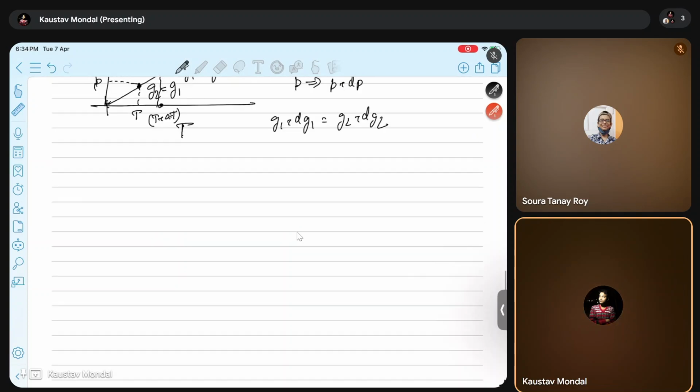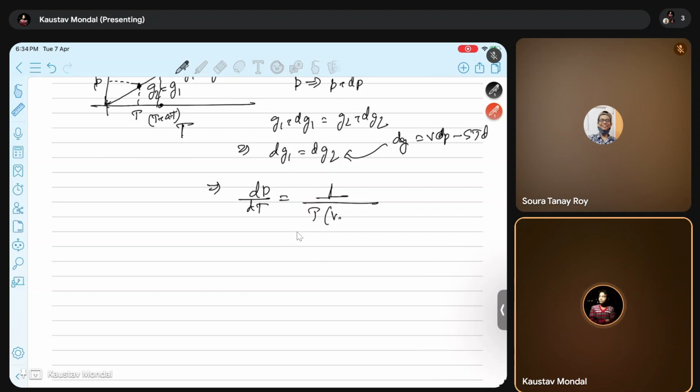So from here you can write dG1 equal to dG2. And after doing some algebra, you know dG is V dP minus S dT, and if you substitute this here, you get this kind of equation: dP by dT equals L, the latent heat, by T into (V2 minus V1).